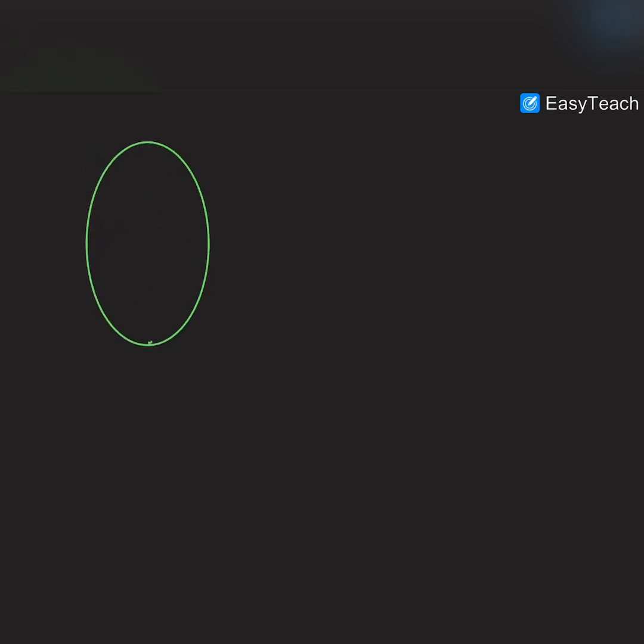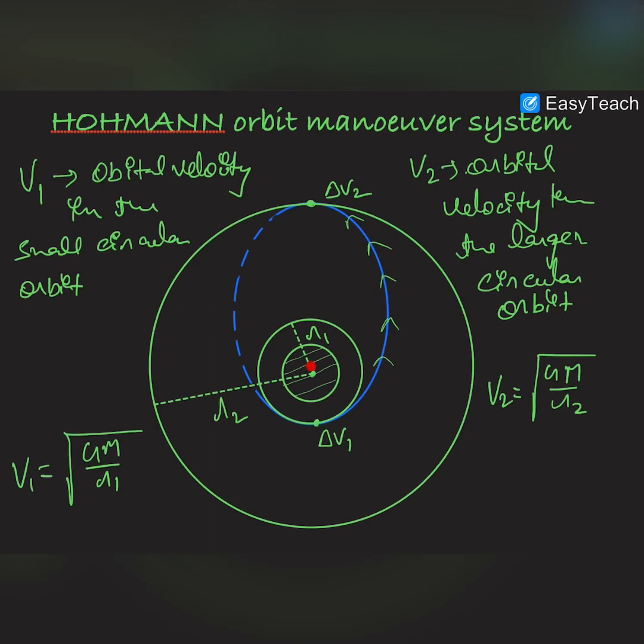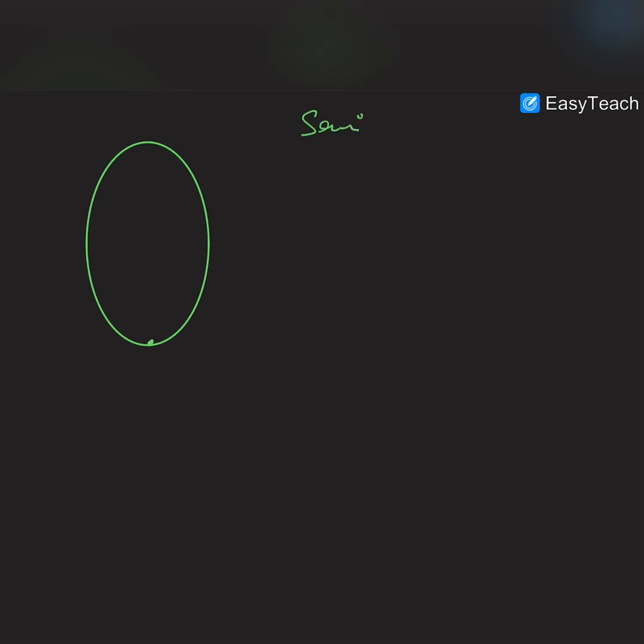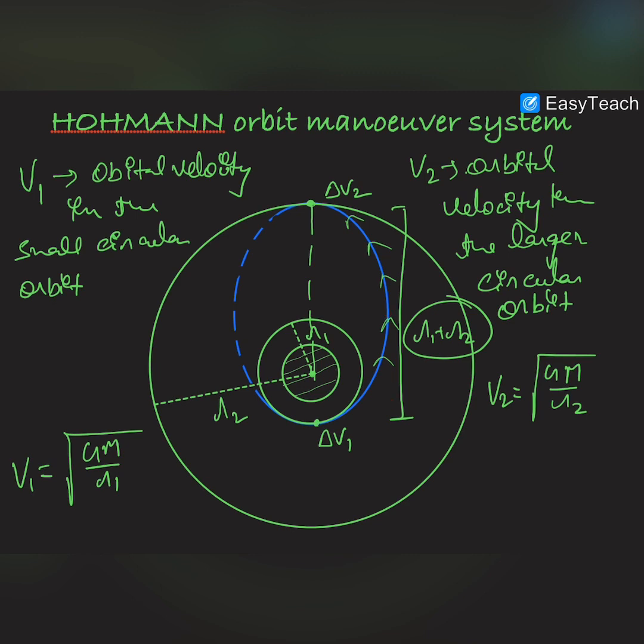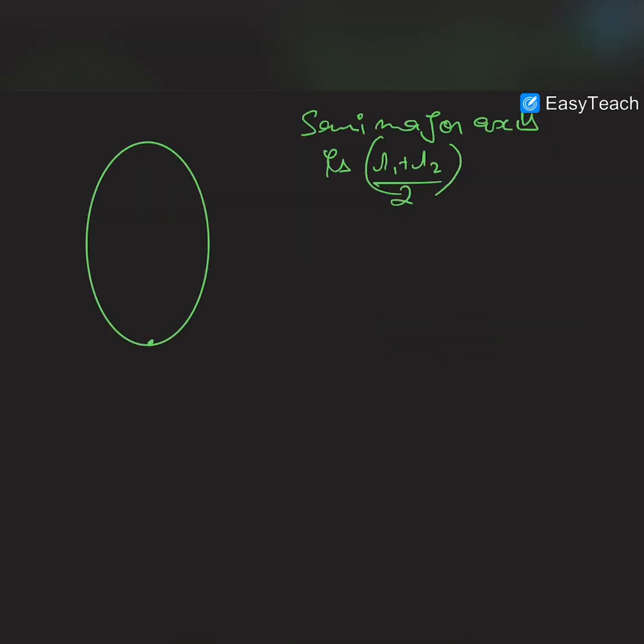In this elliptical orbit you can see that the center of the earth is this one, and this complete distance is the major axis, and the semi-major axis is r1 plus r2 by 2.